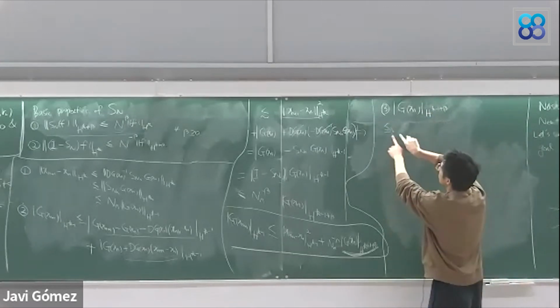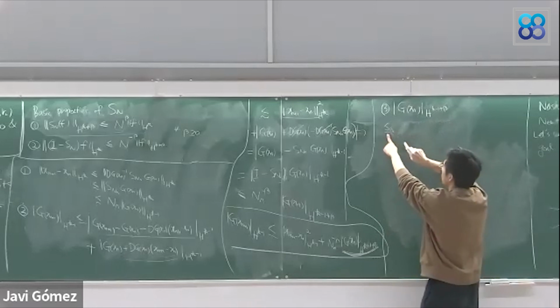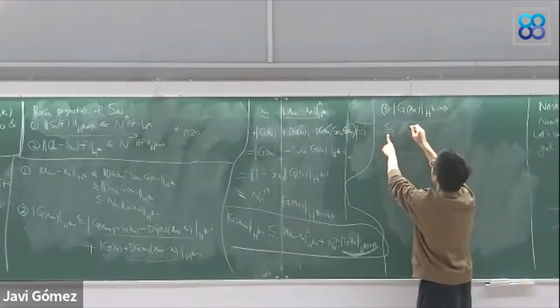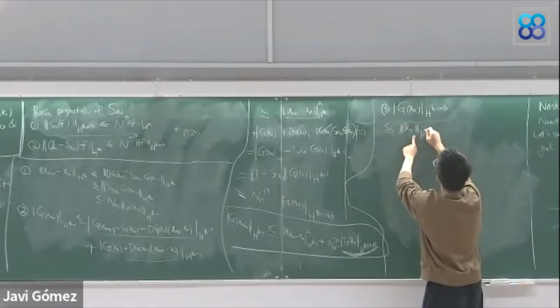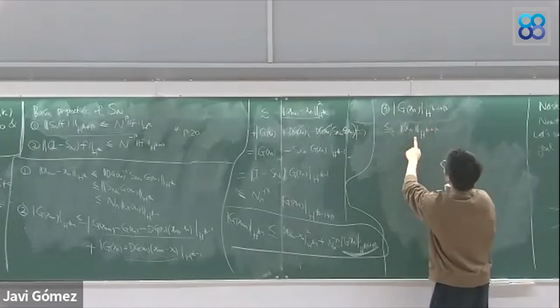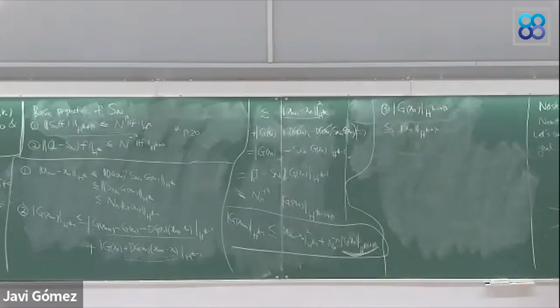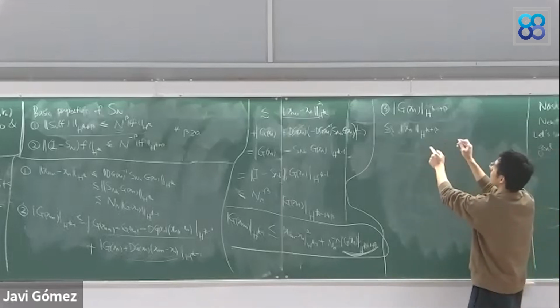I'm going to write a sub-index beta below the inequality. This is bounded by H^(k+beta). G is smooth from H^k to H^(k-1), and here k is not fixed, it is any number. So you can just replace k by k plus beta and k minus 1 plus beta.